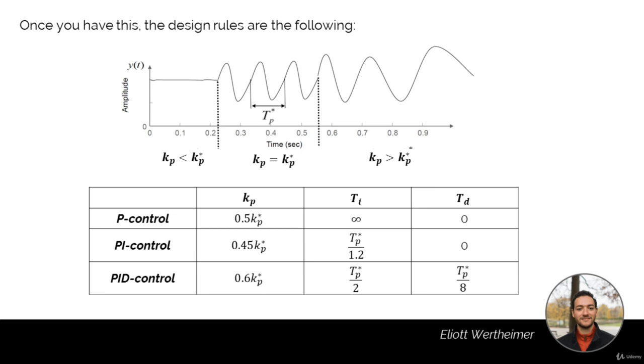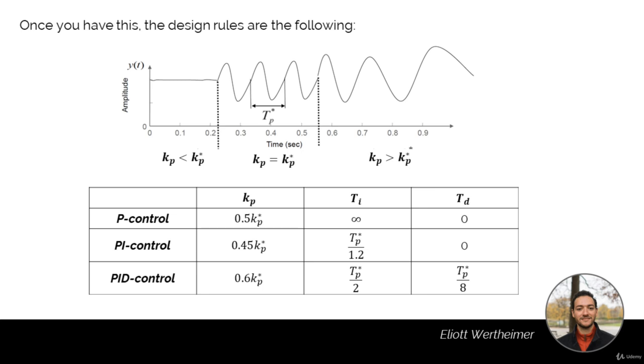If we want a proportional plus integral PI controller, then we set Kp equals 0.45 Kp star and Ti equals Tp star divided by 1.2. So Tp star again is the period of oscillation when the system is about to become unstable. In this case as well, because we have no derivative control, Td is equal to 0.